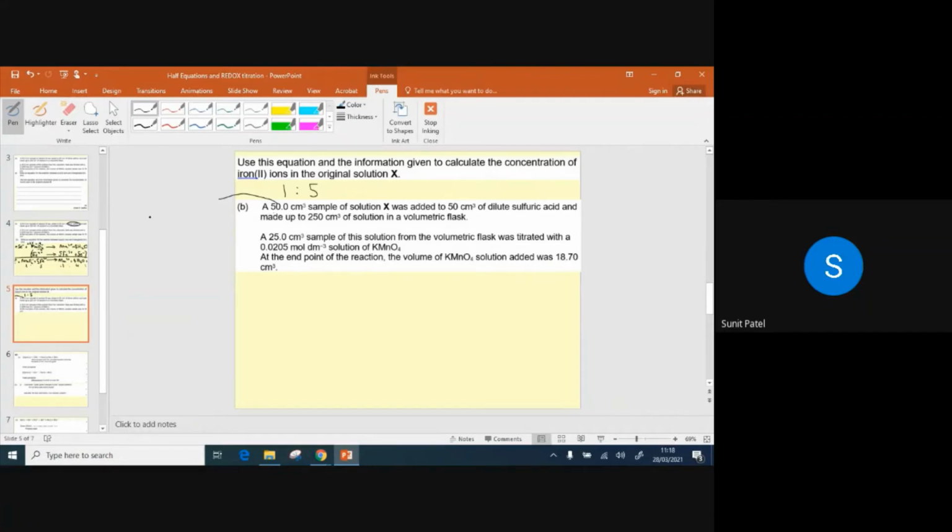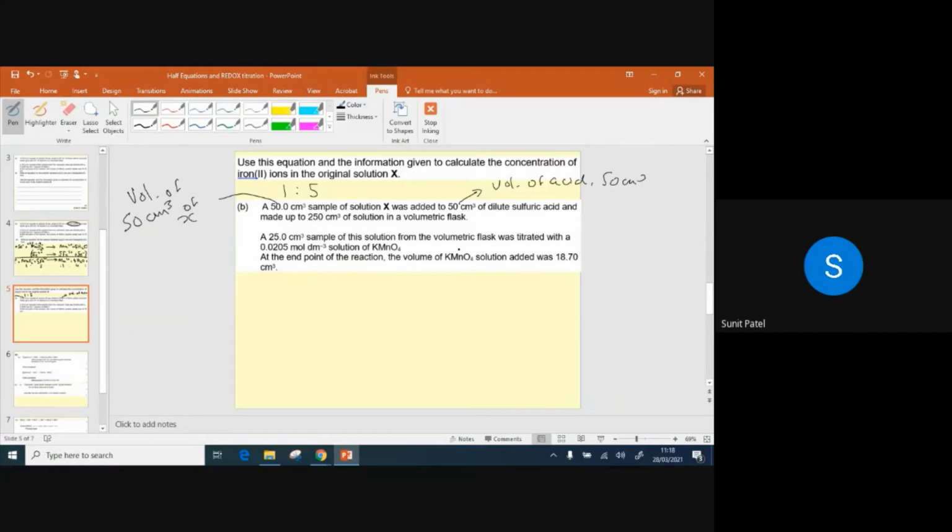So I've got a volume of 50 cm cubed. We'll write the number 50 cm cubed here, just to remind me that it's a volume of X. I've got 50 cm cubed of an acid here. So again, I've got a volume of acid, and that's equal to 50 cm cubed.